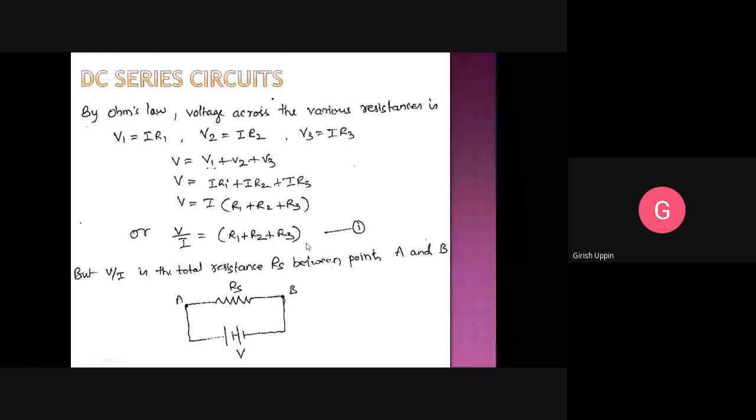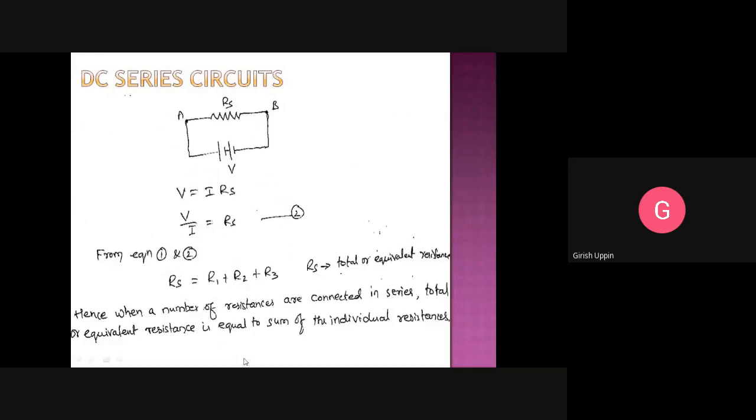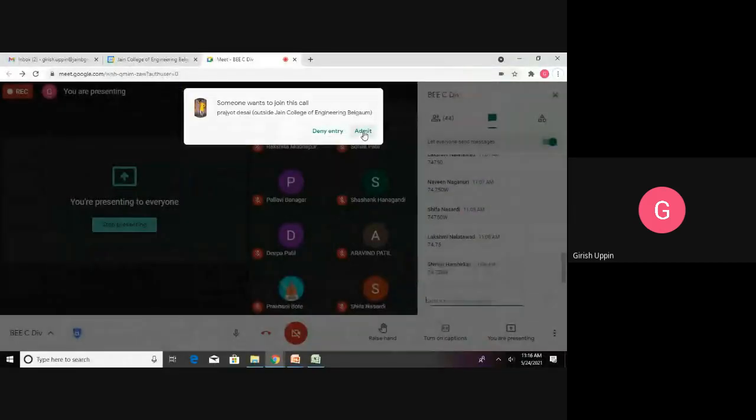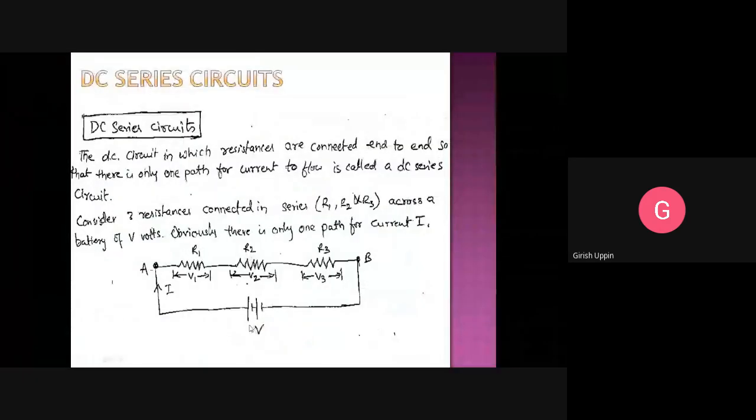Now let us say I have the same voltage and I connect such a value of resistor, I call it RS. I'm going to put only one resistor. I'm not going to put a series of resistors. In the previous example, let us assume we applied 100 volt and let us say we are getting 5 amperes of current.